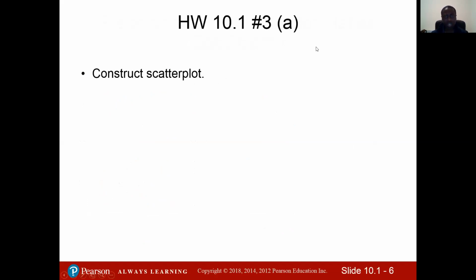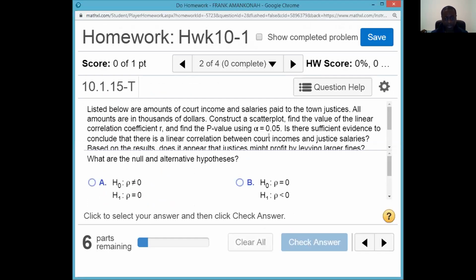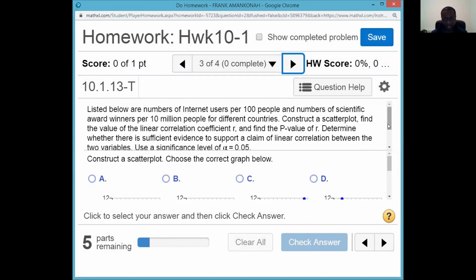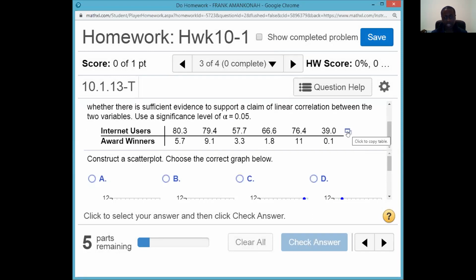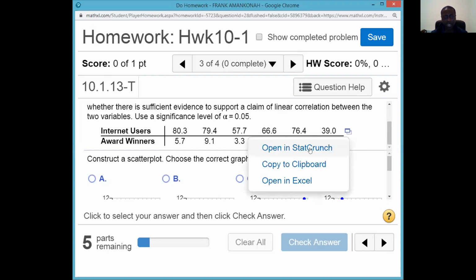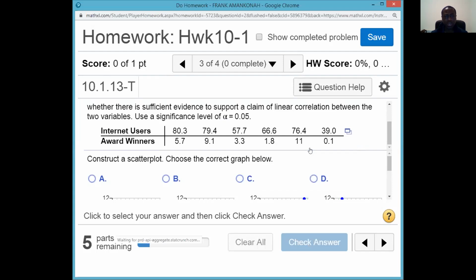Let's just switch over to the homework and look at just the first part. We'll do the rest later. Question number 3 says that we should construct a scatter plot. So I'm going to open this in StatCrunch.